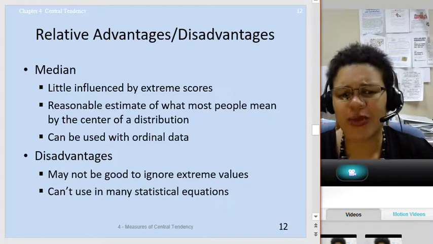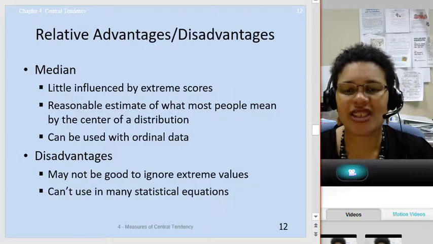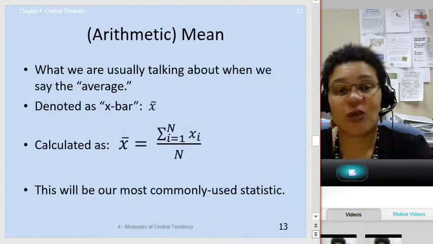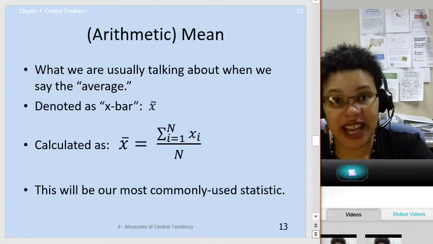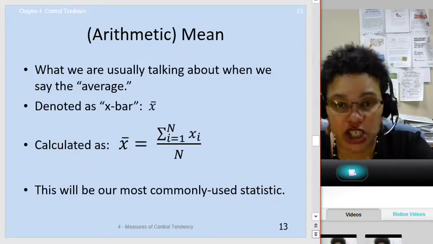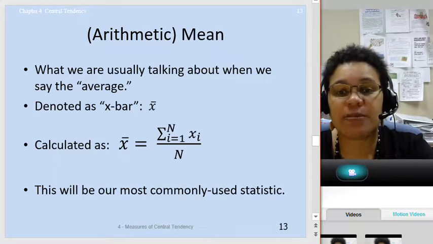Disadvantages: you may not want to completely ignore extreme values, and also you can't use it in many statistical equations. Many statistical equations require the next thing, which is the arithmetic mean. This is what we usually are talking about when we say the average. It's denoted as x with a bar on top, so x bar.